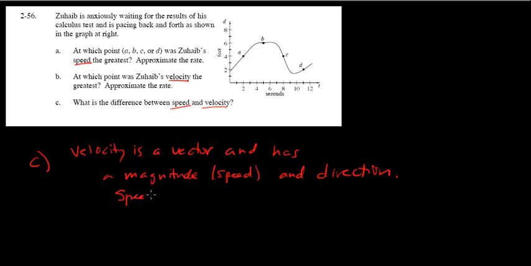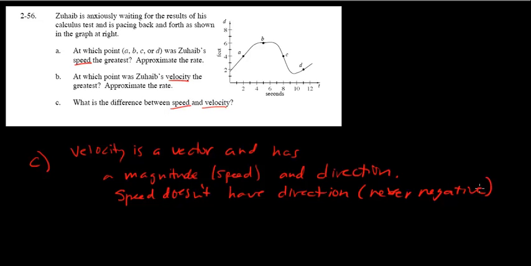Speed doesn't have direction, so it doesn't matter which direction you're going. So speed is never negative, right? But velocity can be negative. So this is kind of like a physics problem.